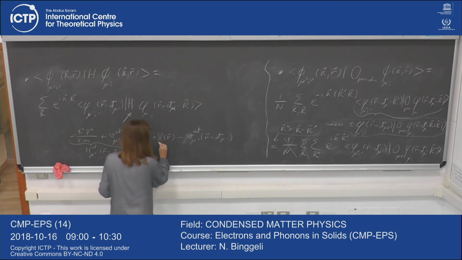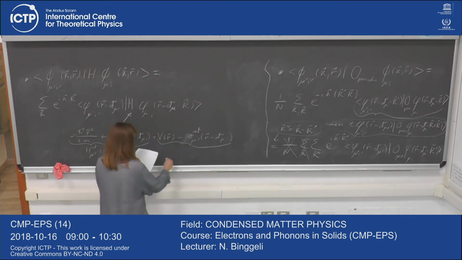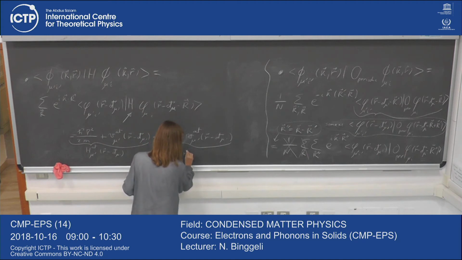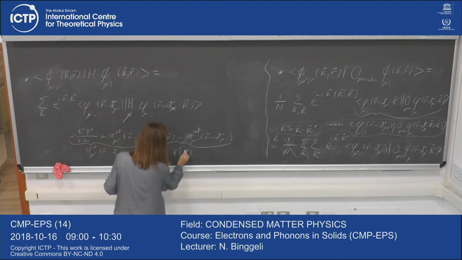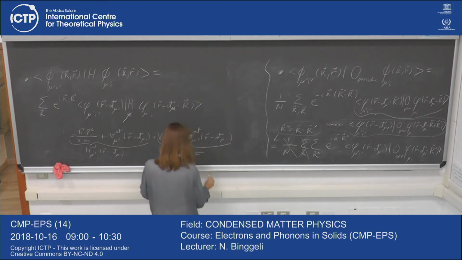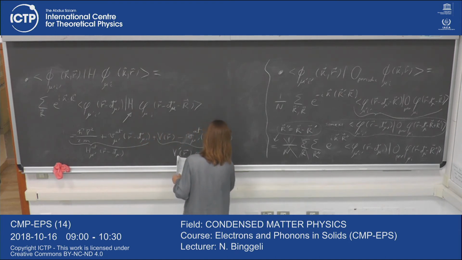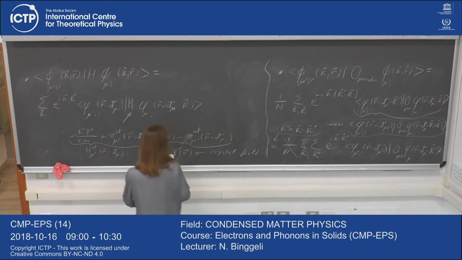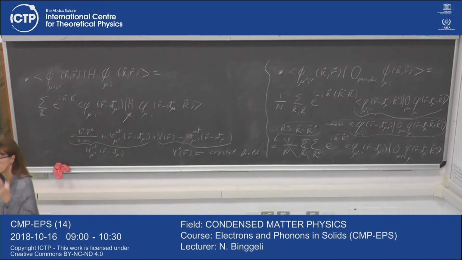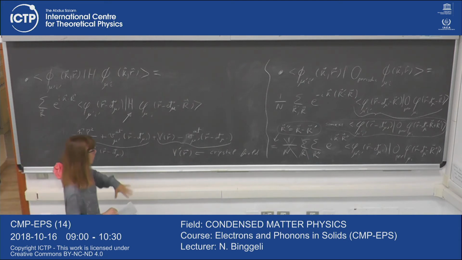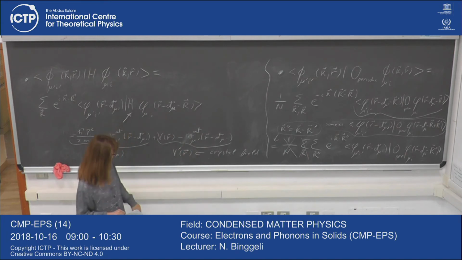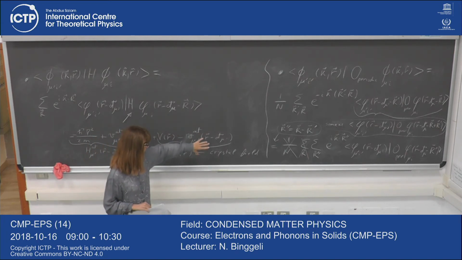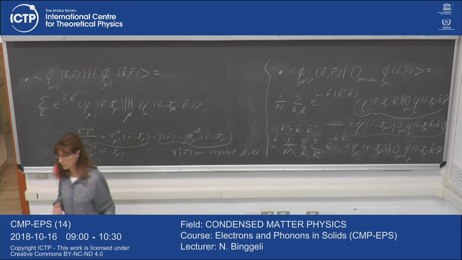And this part, I will label it V prime, and I will call it the crystal field. So it's the crystal potential, which is a superposition of atomic potentials, and I remove the potential due to the atom that is in the unit cell near the origin.